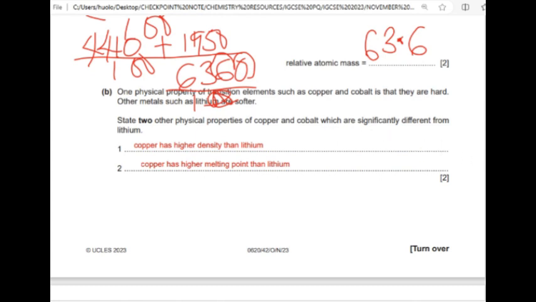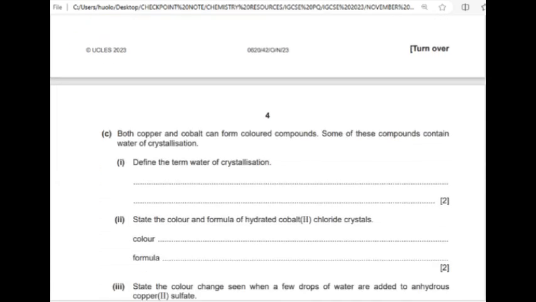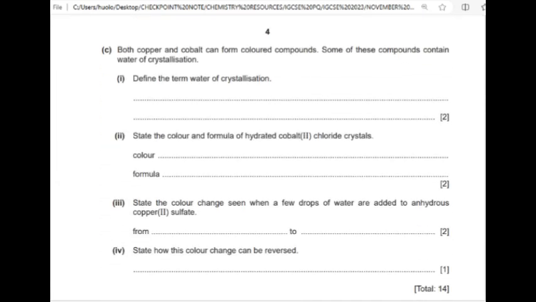All right, that's a great job we have done. We will make progress now with the next question. Both copper and cobalt can form colored compounds. That's a property of transition metals. Now some of these compounds contain water of crystallization, and that's why they are crystals.